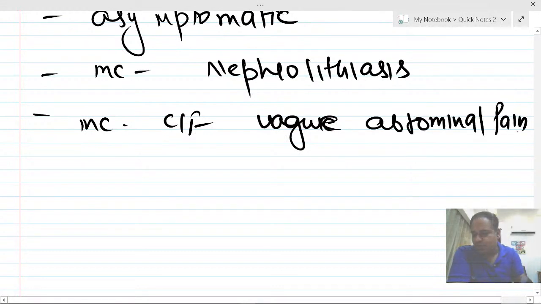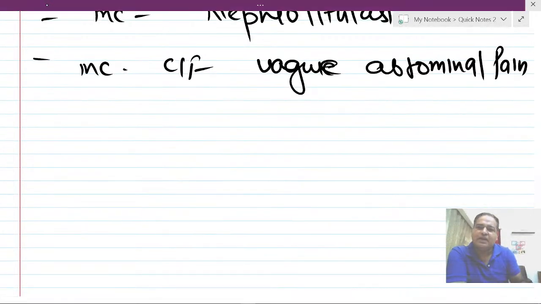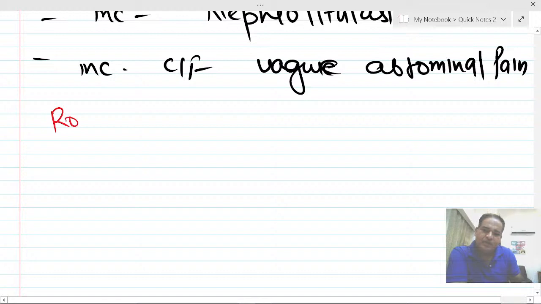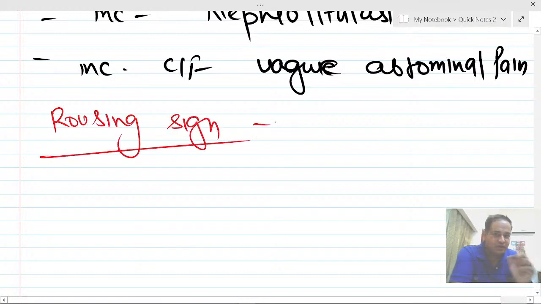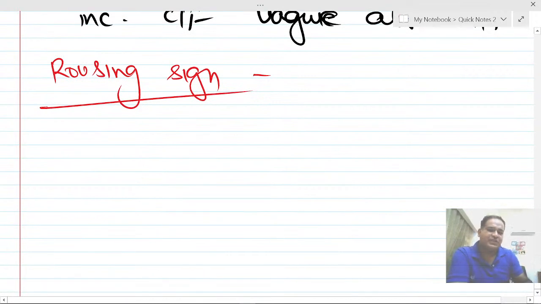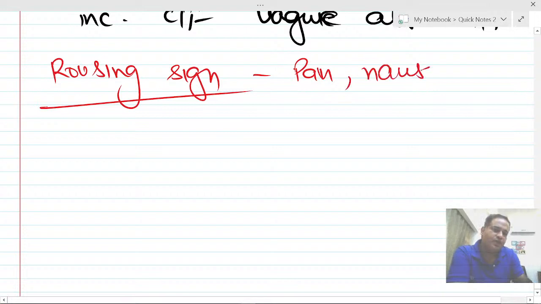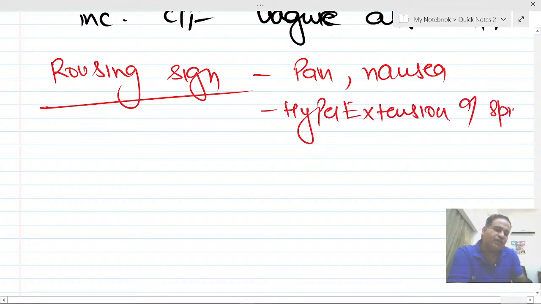You must be aware of Rovsing sign, not the Rovsing sign which we see in appendicitis. Here it is pain in the abdomen, nausea and vomiting, which your patient feels on hyperextension of the spine.